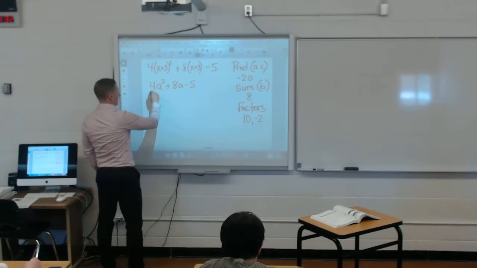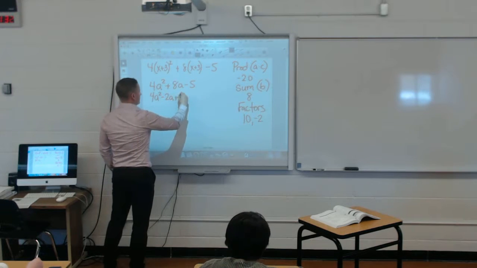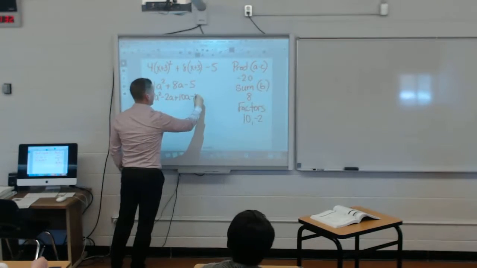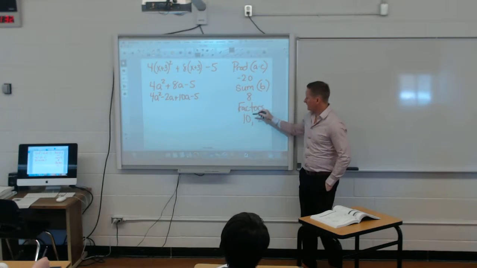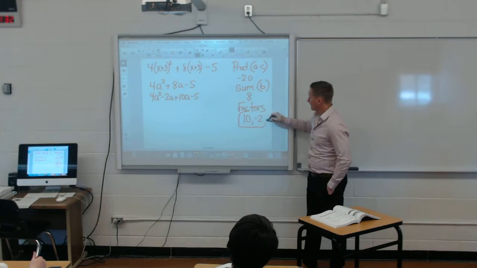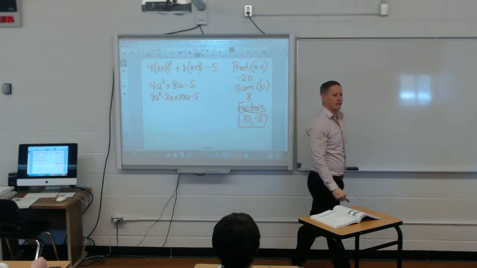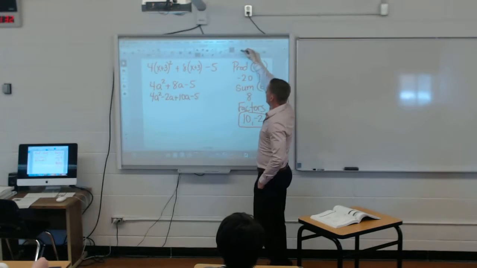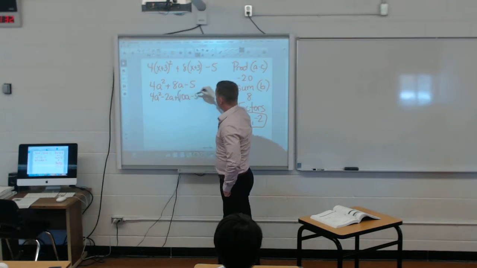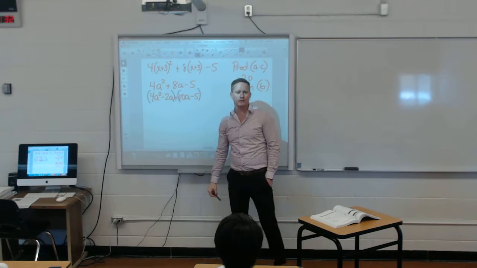So now I'm going to substitute that in: 4a squared minus 2a plus 10a subtract 5. So I put these two in my middle. Instead of 8, I put it in here. Now I'm going to make two sets of brackets like that.